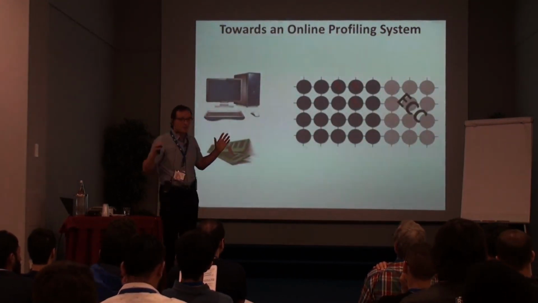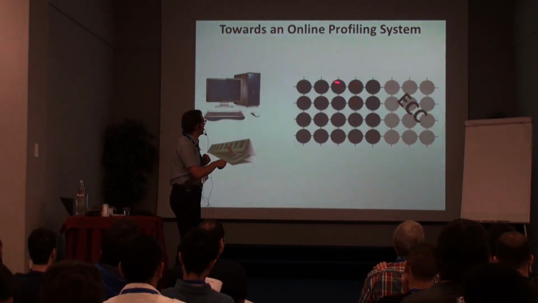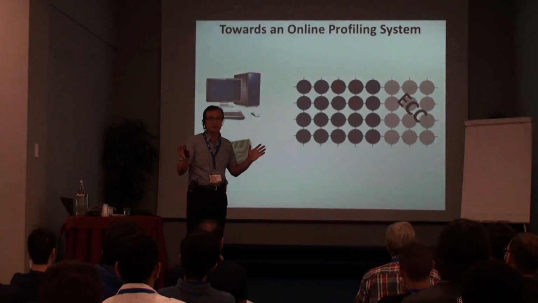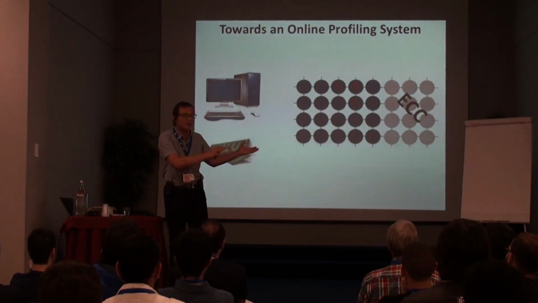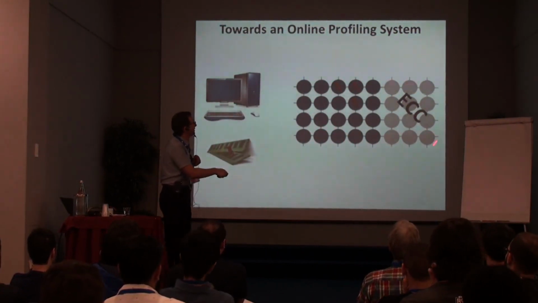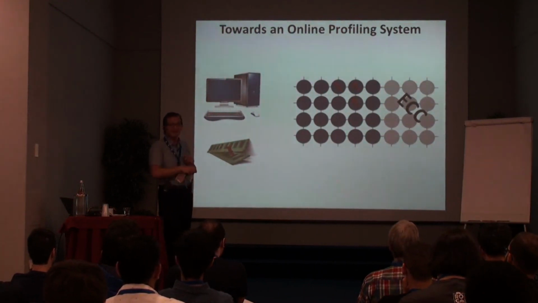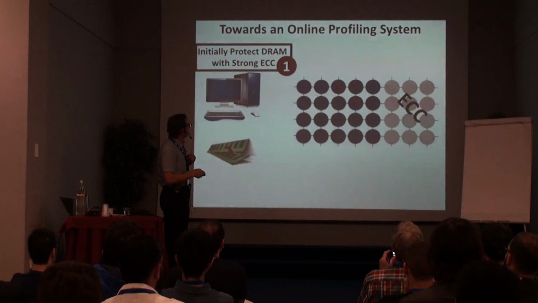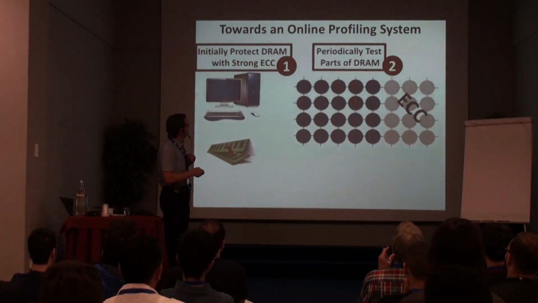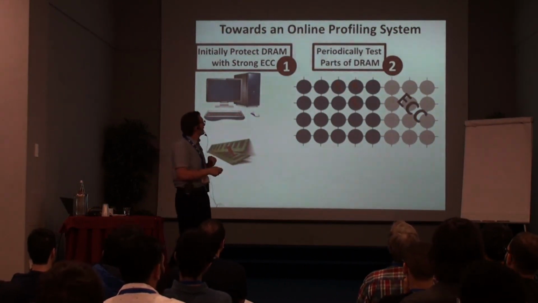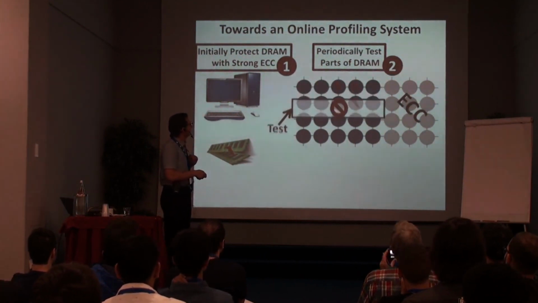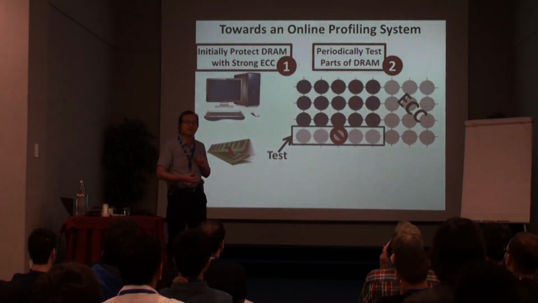Basically, if you want to figure out the retention time of rows online while the system is in operation, which is what we really need to do because we cannot figure it out offline, you start with some error correcting codes that are protecting memory. Let's assume you initially protect DRAM with strong error correcting codes, and then you have a refresh rate, and you periodically test parts of DRAM and figure out, oh, some of them can be refreshed less often.